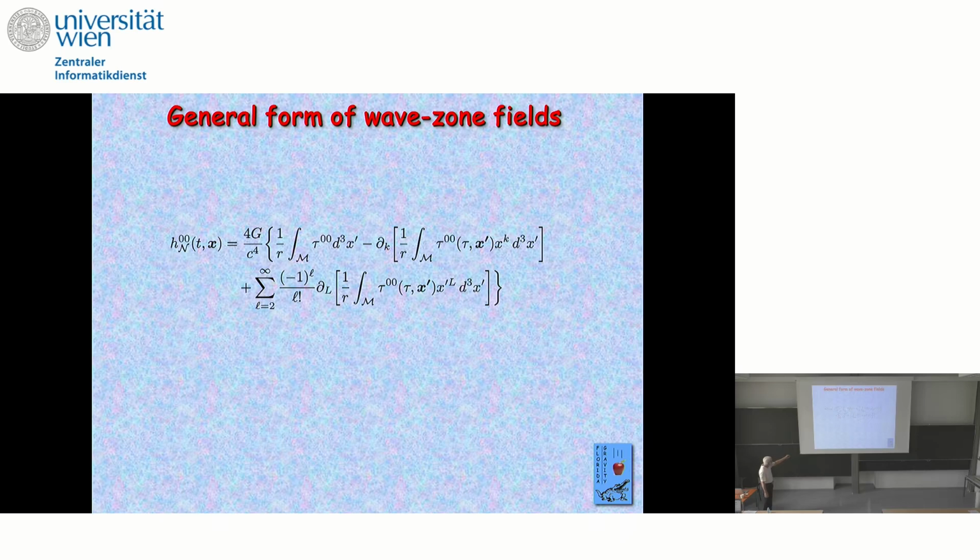So the first term is just the integral of T00 integrated over the near zone with 1 over r in front. Well, what is the integral of T00 over the source, roughly speaking? Energy, or just the mass of the system, right?